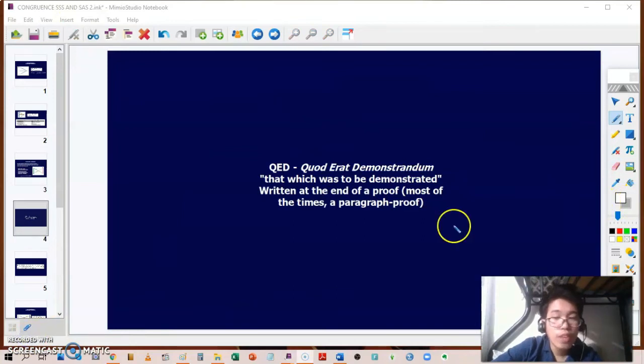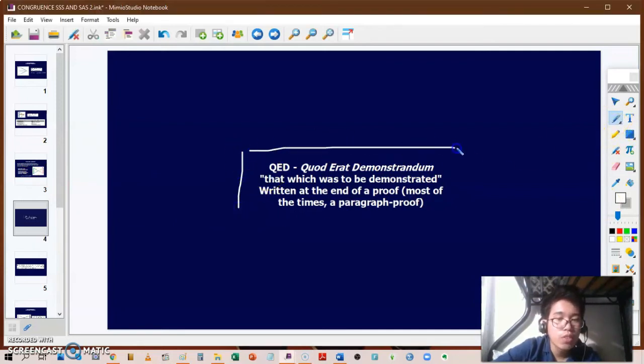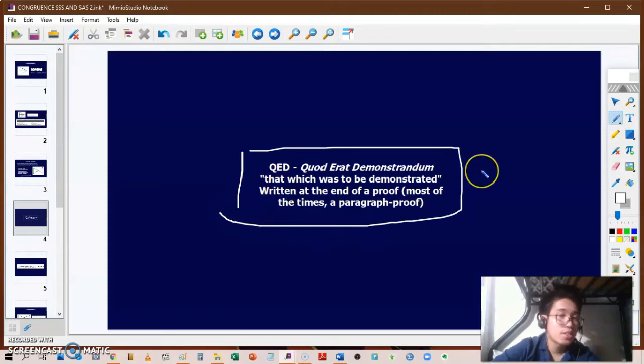Before writing that proof, we want to define a very critical terminology, one of the cool terminologies in geometry: QED. QED is a Latin acronym for the ending of a proof.